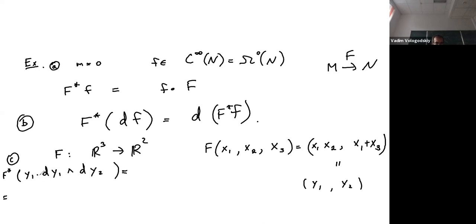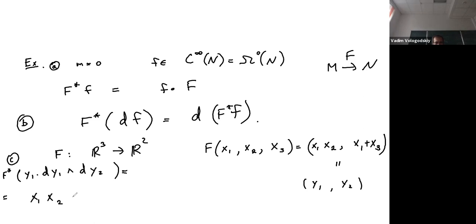So I first take the pullback of a function. Well, the pullback of y1 is x1 x2. Then I take the pullback of this one form, and I use this formula here.